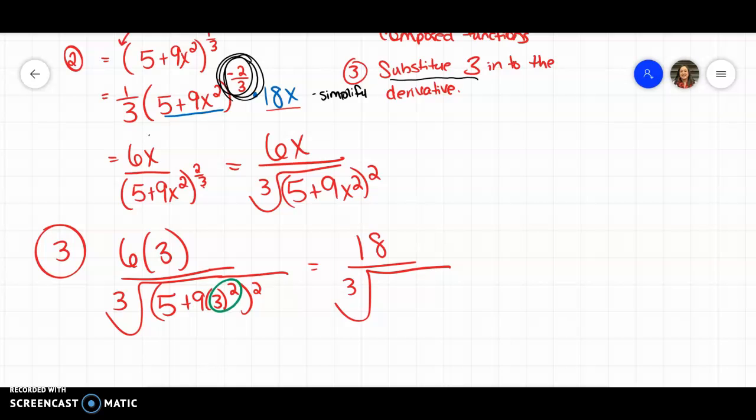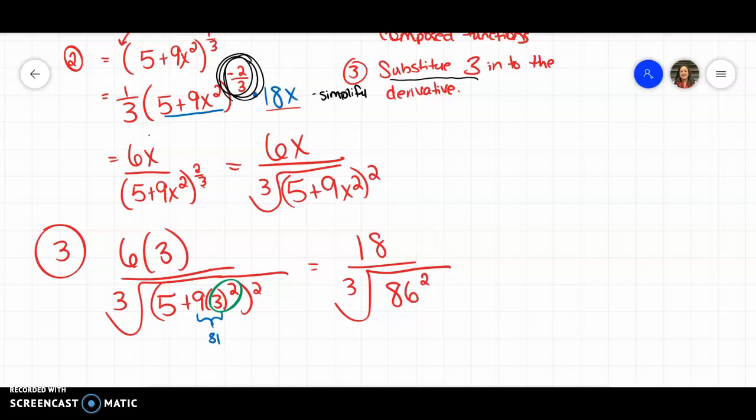So I have 3 squared, which is 9. Let's remember order of operations. So 3 squared is 9. Then that's going to give me 9 times 9, which is 81, right? 81. And the 81 plus 5 gives me 86. So this is actually going to be 86 squared.